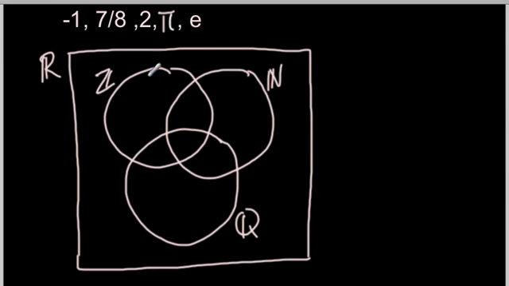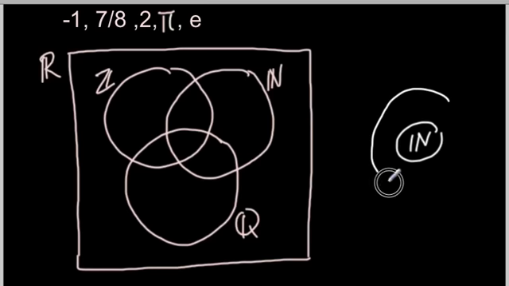So here's our Venn diagram. Here we have the integers, here are the natural numbers, here are all the rational numbers, and the whole thing is the set of the real numbers. If you remember the diagram from before, the natural numbers fit inside the integers. In other words, all natural numbers are part of the integers.